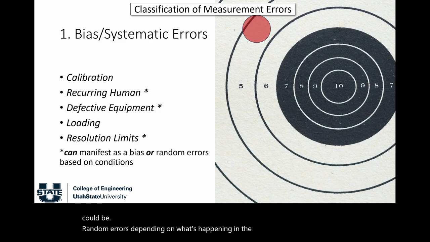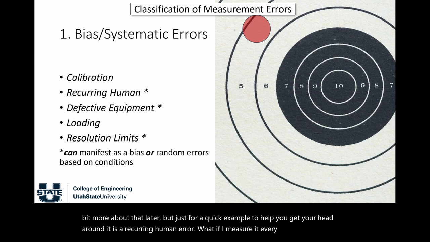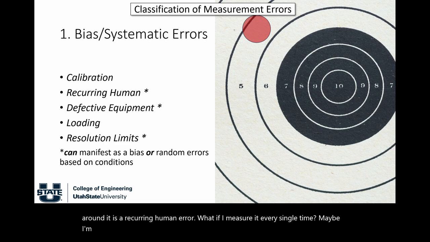So we'll talk a little bit more about that later, but just for a quick example to help you get your head around it, take a recurring human error. What if I measure it every single time with a parallax error, because I'm looking at the bottom of the meniscus, say on a thermometer?